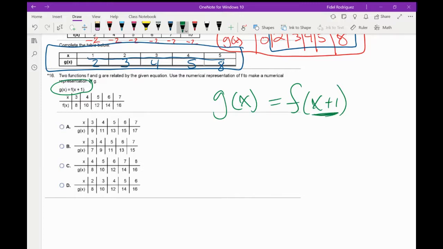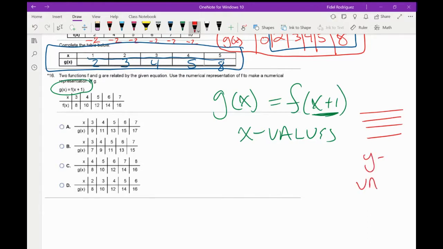Anytime there's anything happening in here on the inside, that's going to change my x values, okay? If we had something going on over here, that would change my y values. Whatever we have on the inside, when it's changing my x values, think of what it's telling me to do. It says +1, and you're actually going to do the opposite, okay?